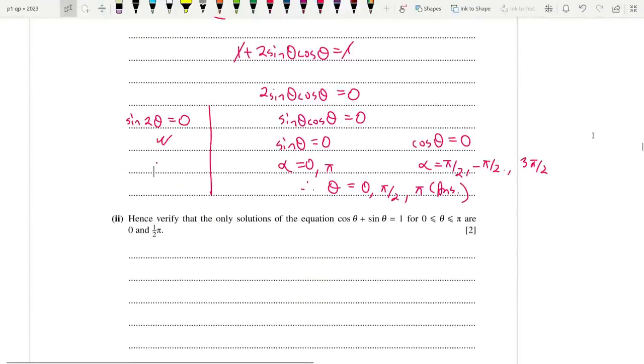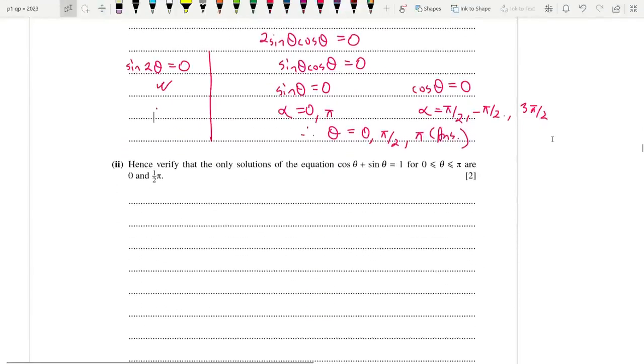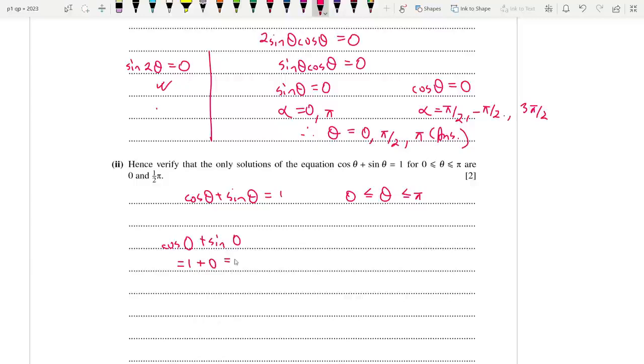Hence verify that the only solutions of the equation cos theta plus sin theta equals 1 are 0 and half pi, from 0 to pi. So let's try. Cos 0 plus sin 0. Cos 0 is in fact 1 and sin 0 is 0, which is equal to 1.